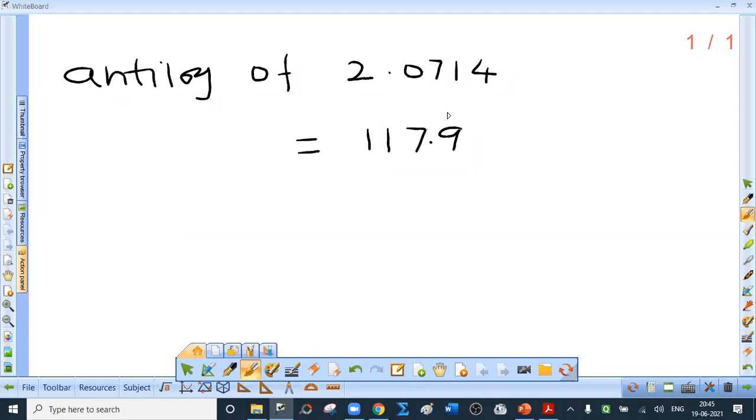There are 3 digits in the integral part, so characteristic is 1 less, so it is 2. Then find a number which is in row 11 and column 7. To it, add the number which is in the same row and column 9 in the mean difference section. You get this one, 0714. So what is the final answer? 2.0714. Is that clear?